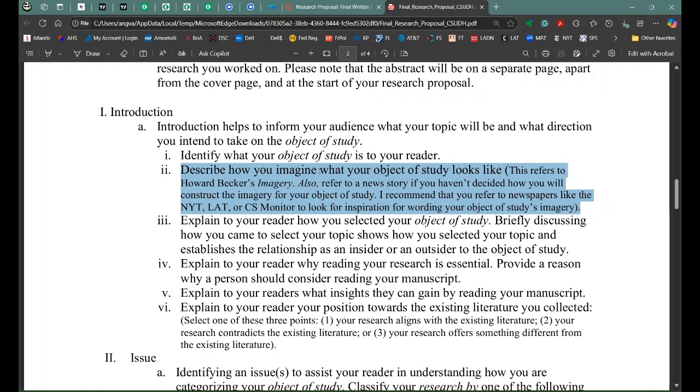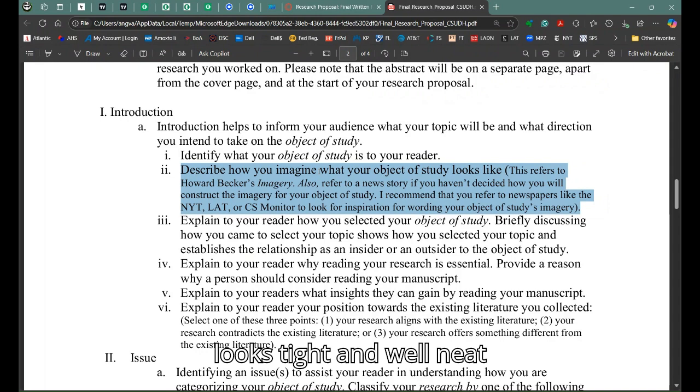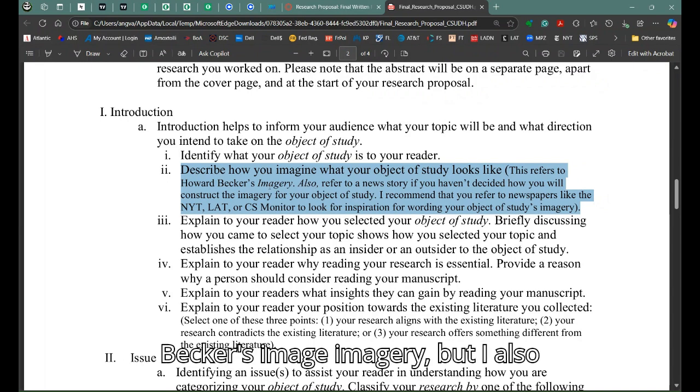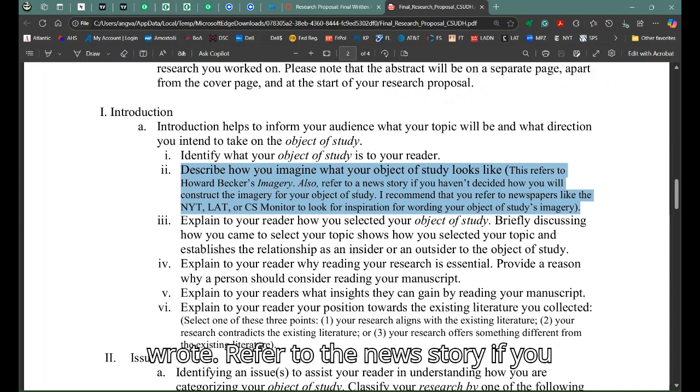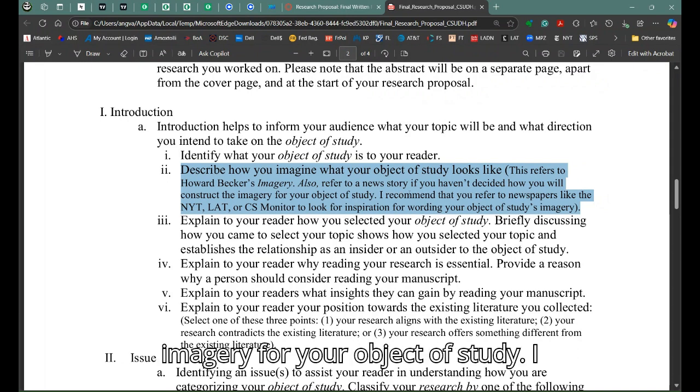Okay. So you want to make sure that everything looks tight, neat, and well organized. But then I also included, not only did I write that this refers to Howard Becker's imagery, but I also wrote to refer to the news story if you haven't decided on how you conduct the imagery for your object of study.